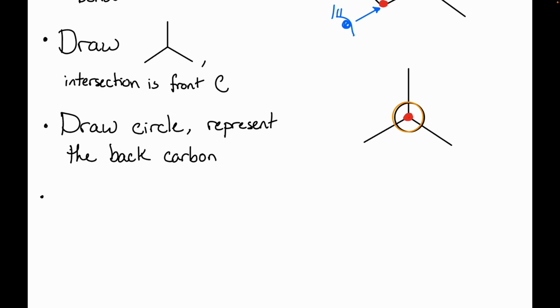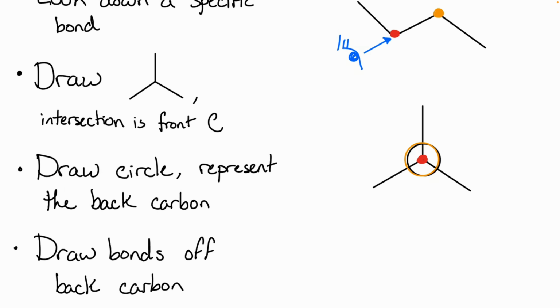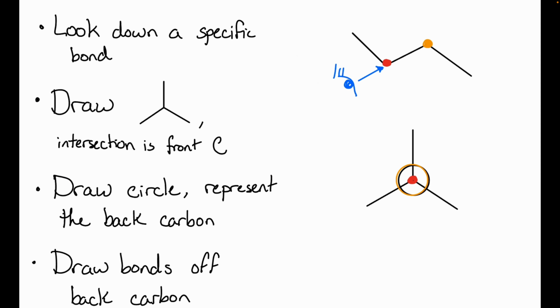Okay, and lastly, we're going to draw the bonds off our back carbon. So one of those bonds is the one that's hidden between these front and back carbons here. And I'm going to draw my other bonds coming off of that back carbon.